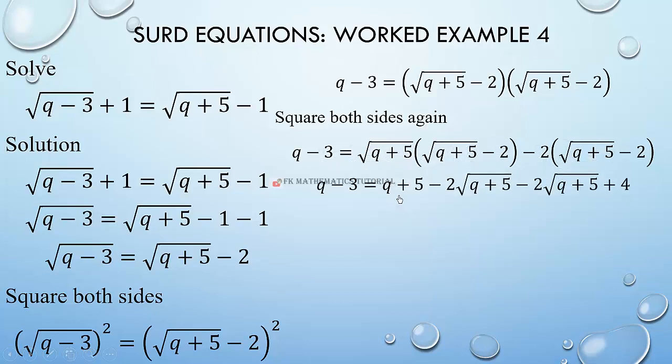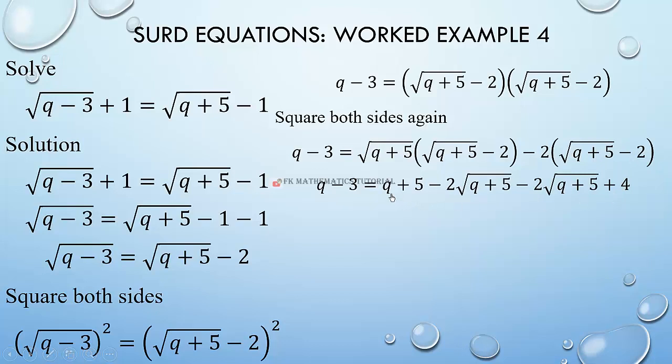So that is what we have here. And square root of q plus 5 times 2 will give us 2 times square root of q plus 5. Notice the sign here. Then again, we have negative 2 times the same quantity, which will give us the quantity we are seeing here. And negative 2 times negative 2 gives us positive 4.